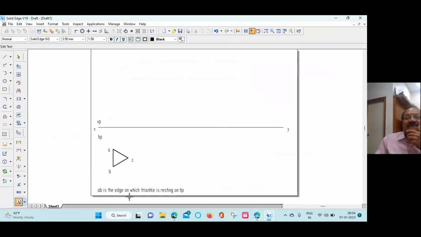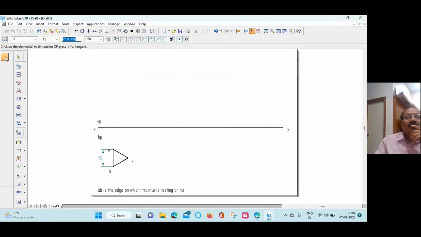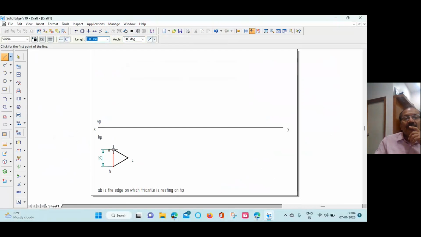Because it is resting on the edge, AB should come to your left side. This is one of the important facts you should note. Then do the dimensioning. Go to smart dimension. The top view is over. Top view, keeping the surface parallel to HP. We have done the top view.